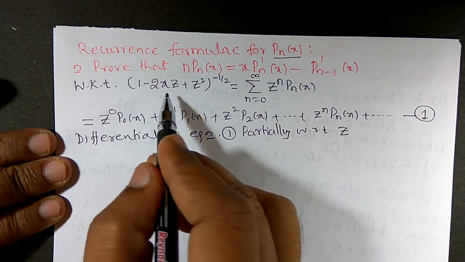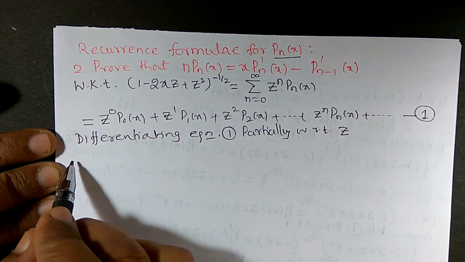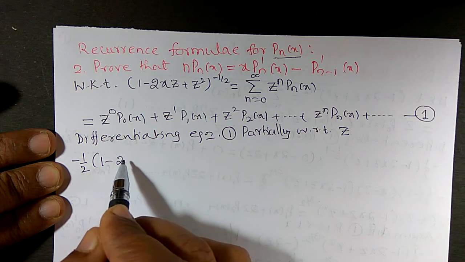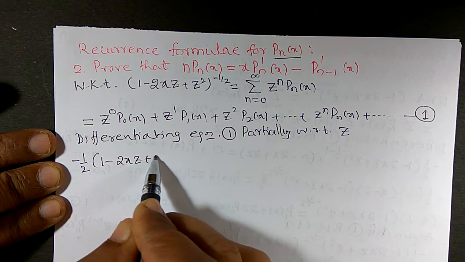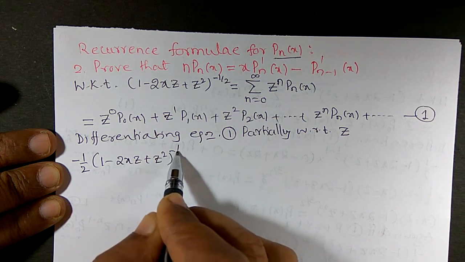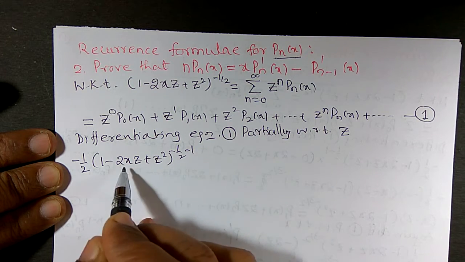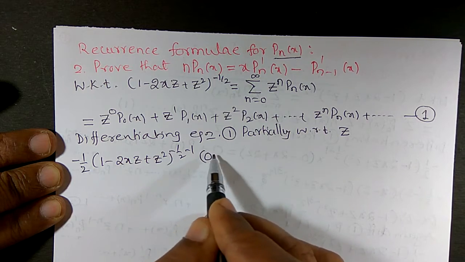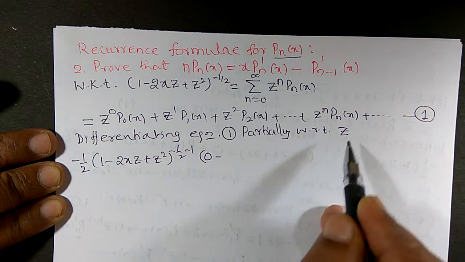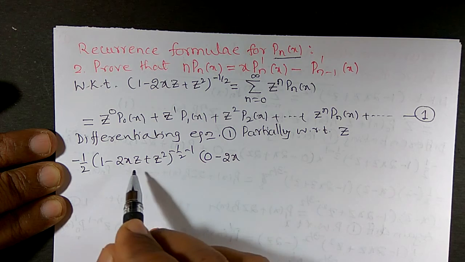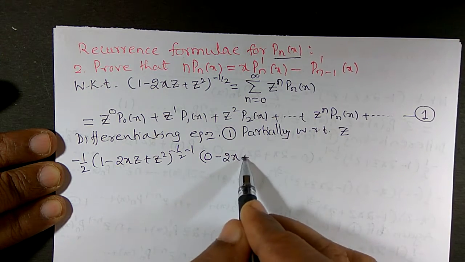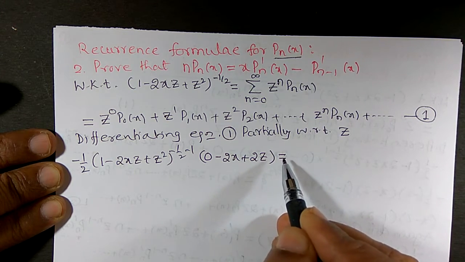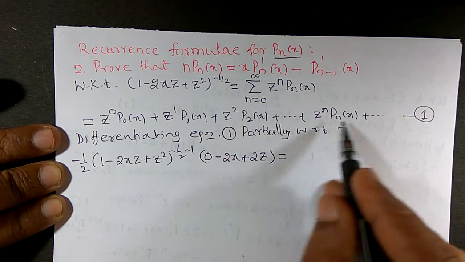The left side is of the type x raised to n, whose derivative is n into x raised to n minus 1, so we get the power minus 1 by 2 minus 1. But the inside is not just z, that's why I want to differentiate all these terms. Derivative of 1 is 0. Derivative of 2xz with respect to z is 2x, as x is constant. Derivative of z squared is 2z. Now I want to differentiate the right hand side term.